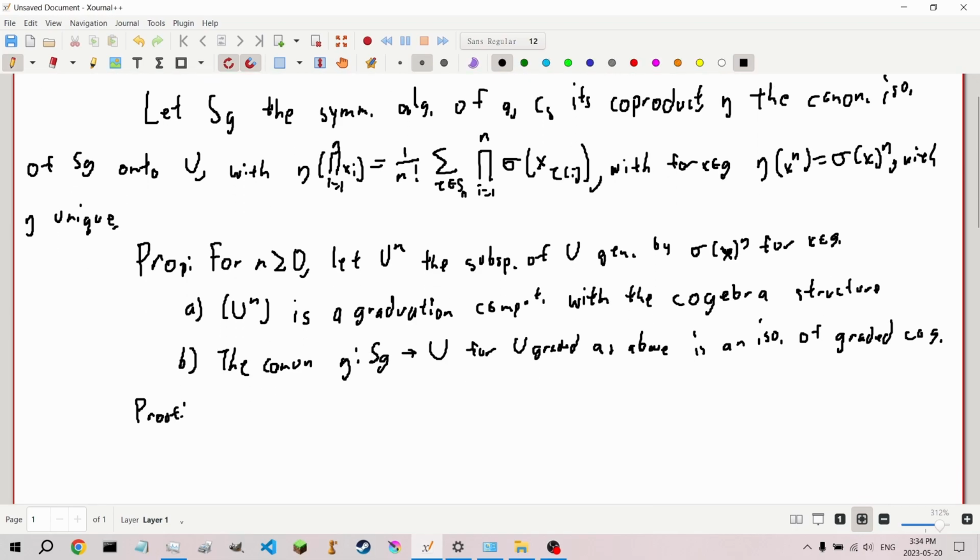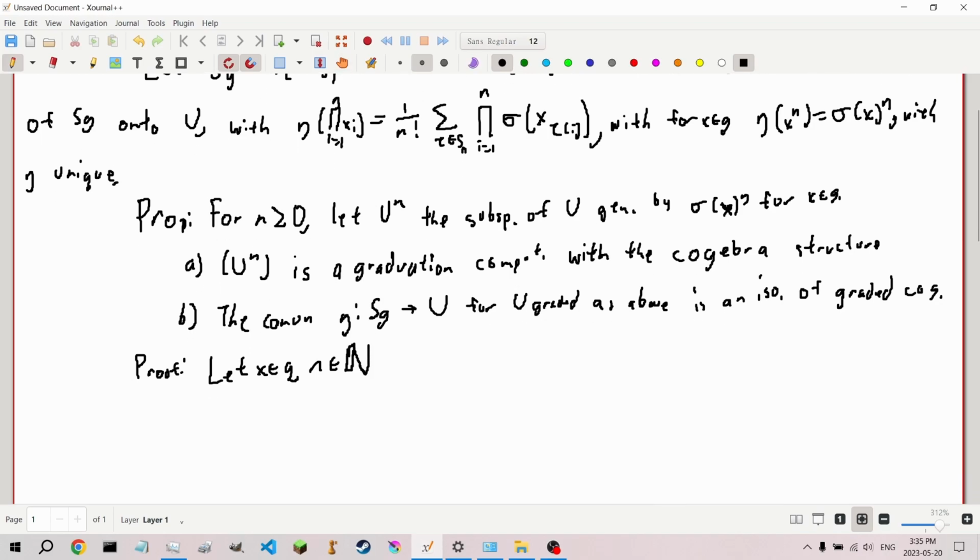And the proof. I'm going to pick an x in G, and let n be natural, I believe. Don't know why they're using that all of a sudden, but I'm all for it.